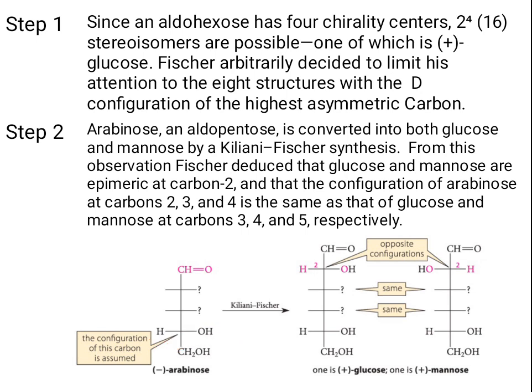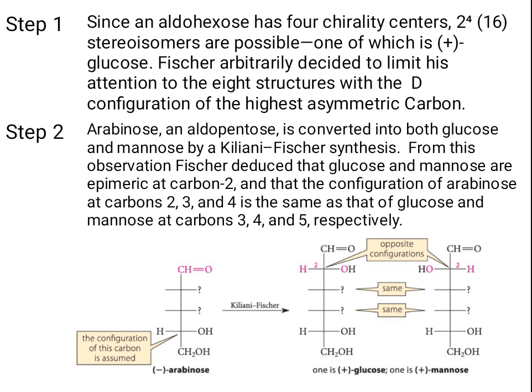Now step 2. Arabinose, an aldopentose, is converted into both glucose and mannose by the Kiliani-Fischer synthesis. So Fischer saw that arabinose can be converted into both glucose and mannose by Kiliani-Fischer synthesis.